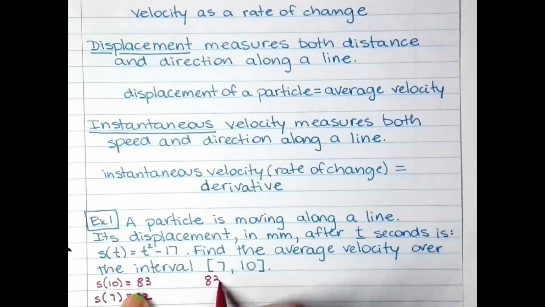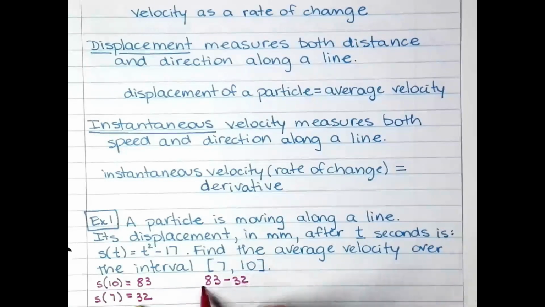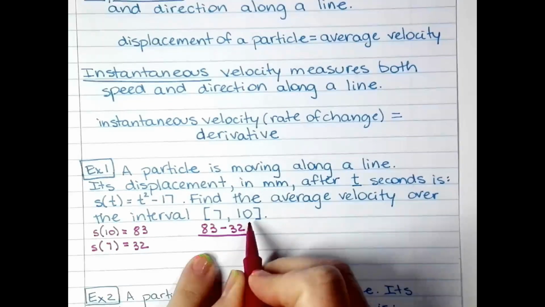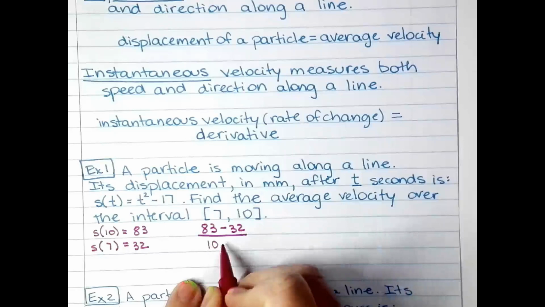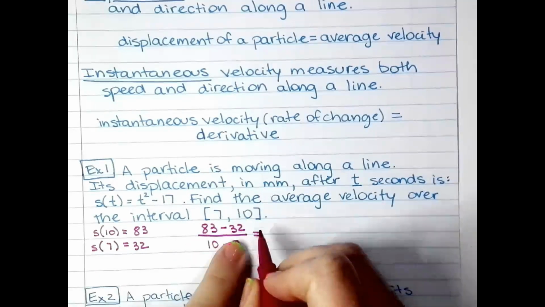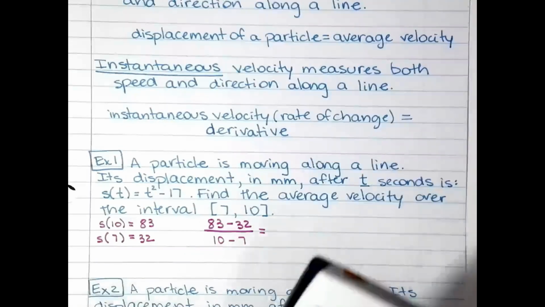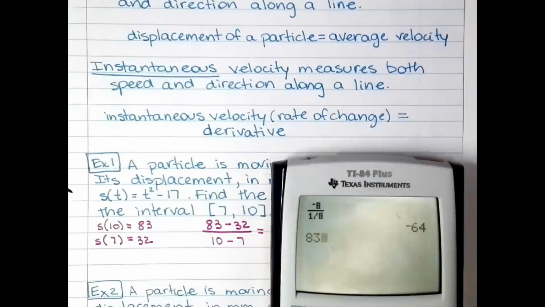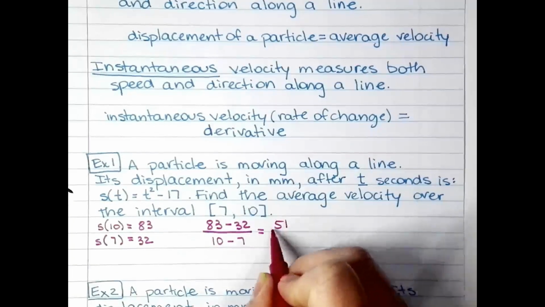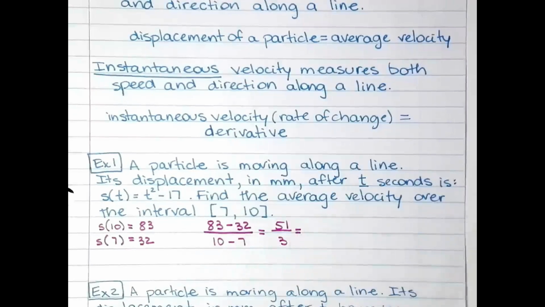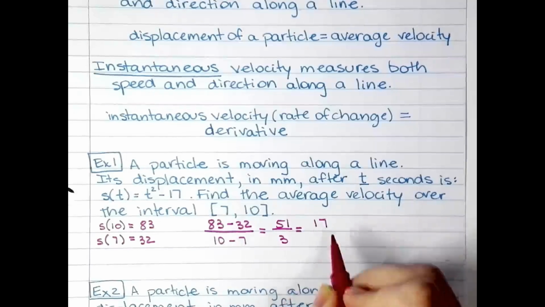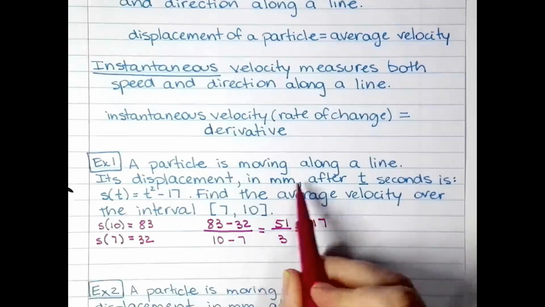So 83 minus 32, that's the difference in y, over the difference in x, 10 minus 7. 83 minus 32 is 51. 10 minus 7 is 3. 51 divided by 3 is 17. And the unit will be millimeters per second.